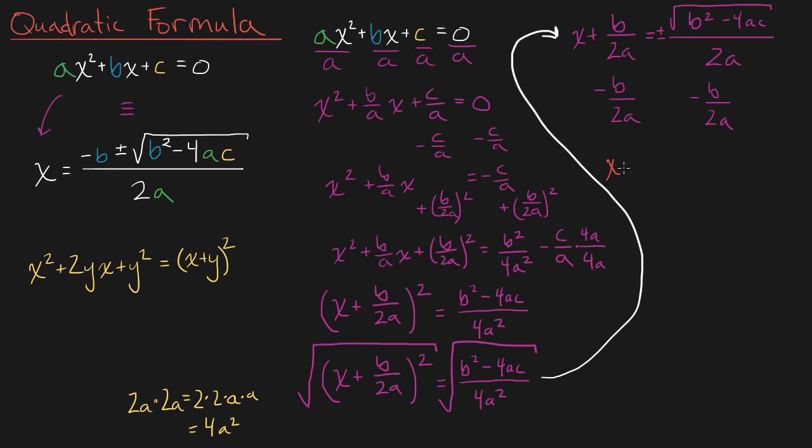We have x is equal to negative b over 2a plus or minus the square root of b squared minus 4ac.